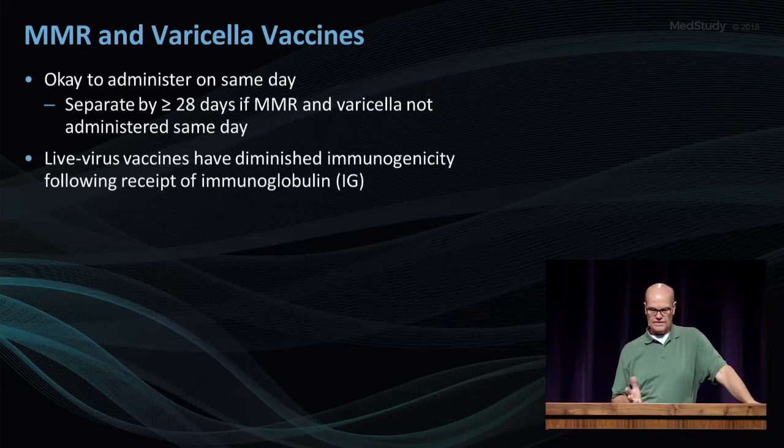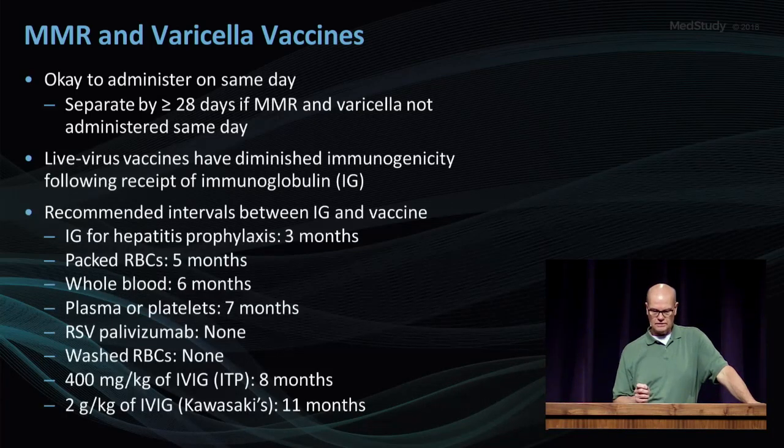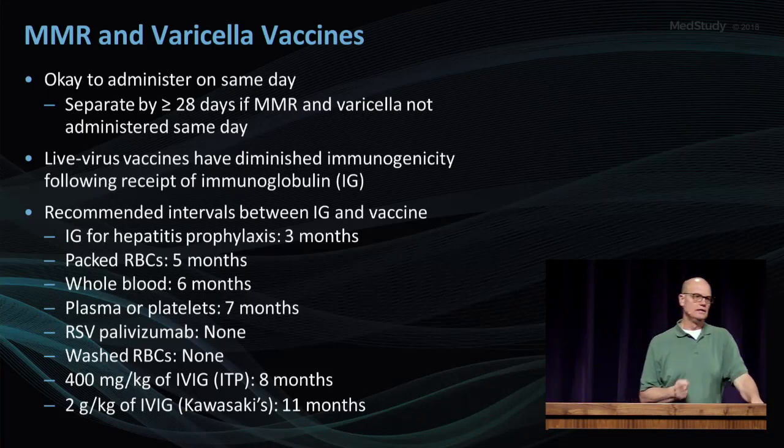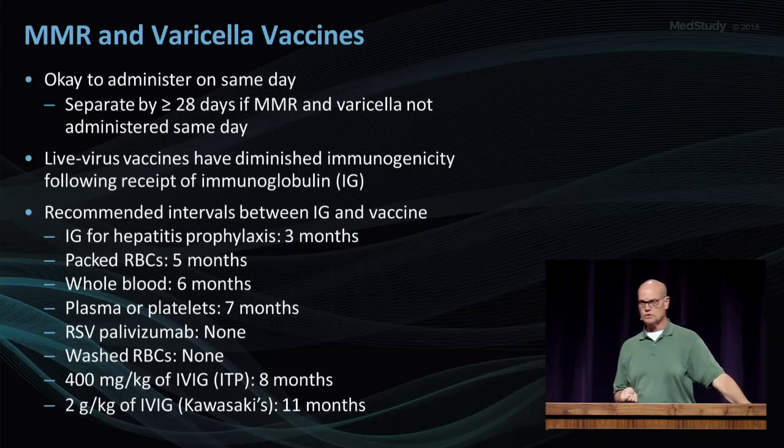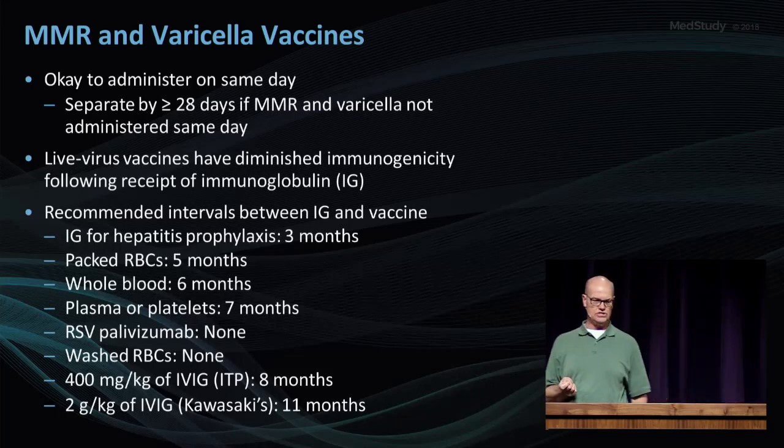And the reason for that is also keep in mind, and I think this scenario would be presented around a patient who was recently treated for Kawasaki's. Remember that live virus vaccines have diminished immunogenicity following receipt of immunoglobulin. So child comes in, discharged from the hospital last week, now stable on low-dose aspirin because of Kawasaki disease.